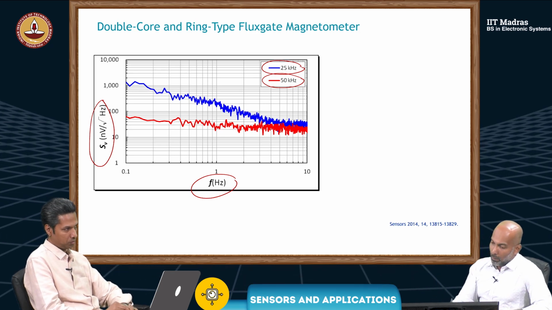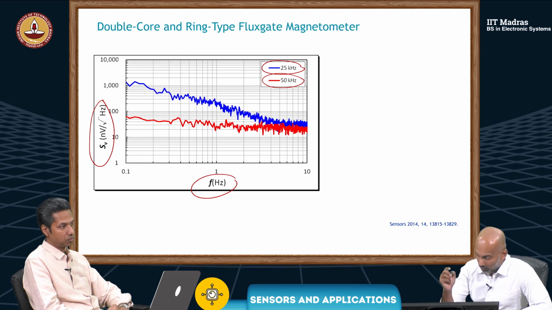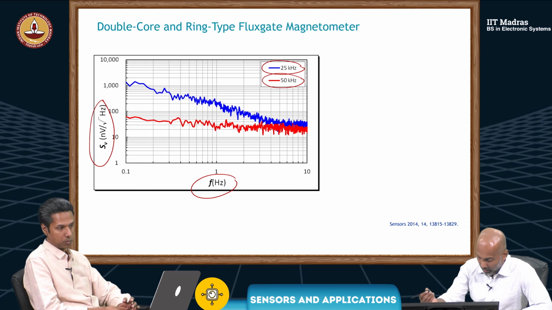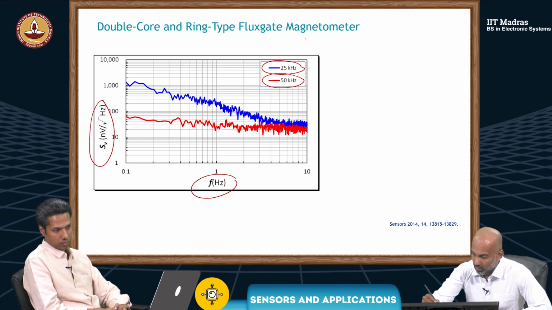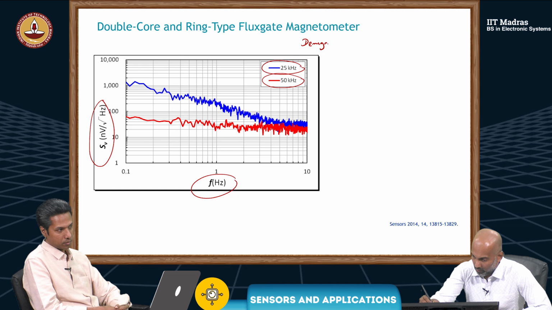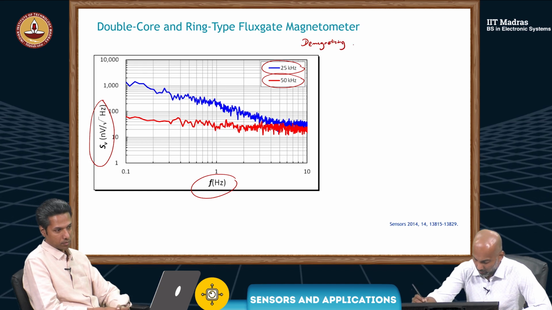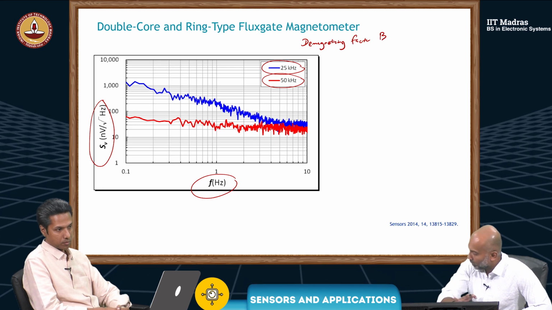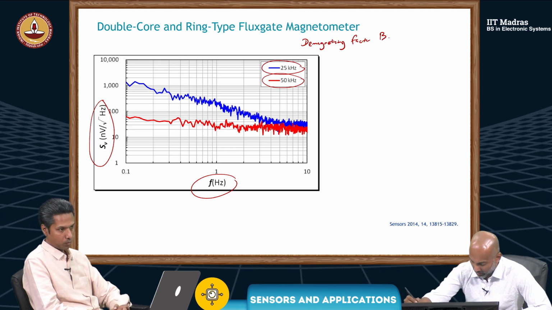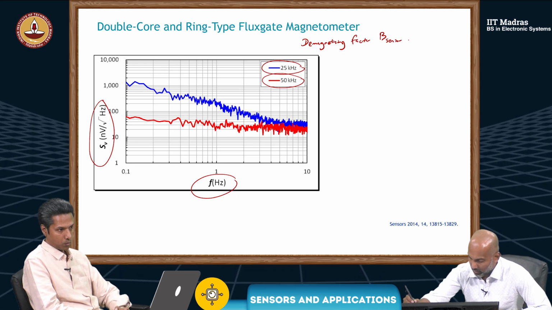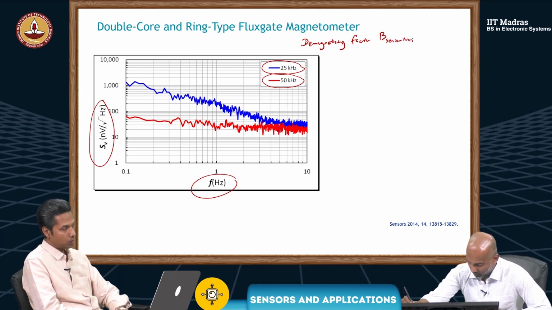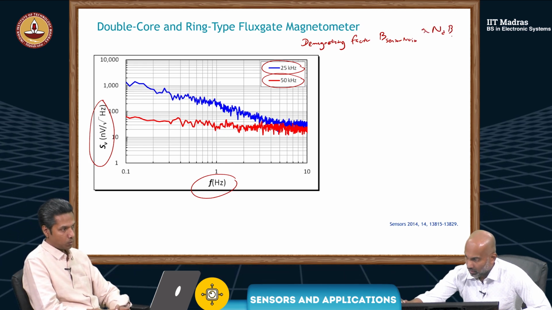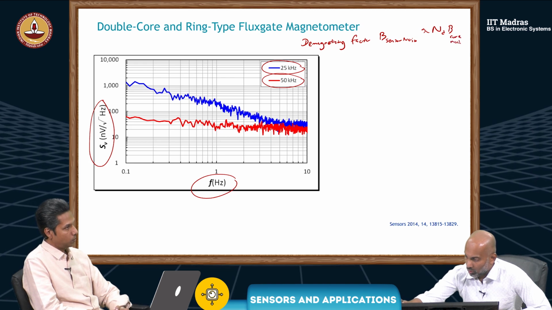Before that, just to talk about a couple of other noise sources. The demagnetizing factor adds some noise. I'm not talking about this graph specifically, but this has some sensor noise, and let's say core noise.